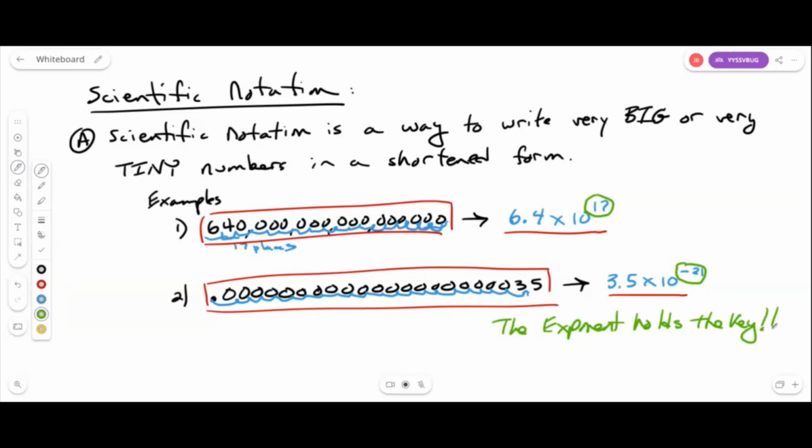Here's what you need to remember. If the exponent is positive, the number is big.